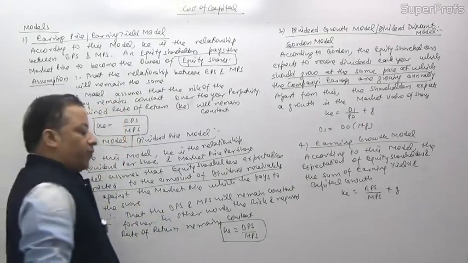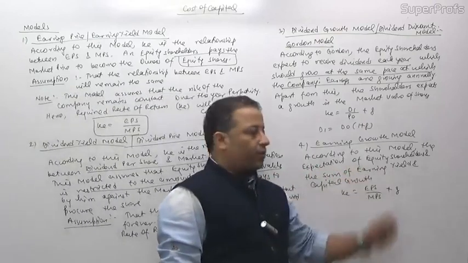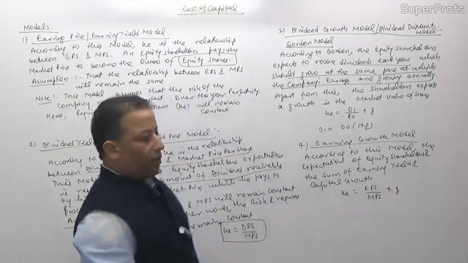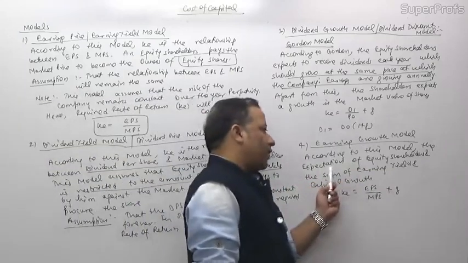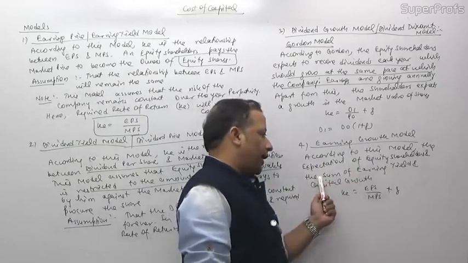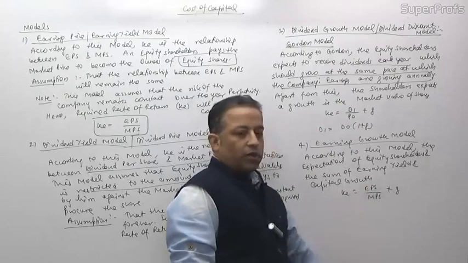The other concept is the earning growth model, the least important method. According to this model, the expectation of the equity shareholder is to maximize the sum of earning yield and capital growth.